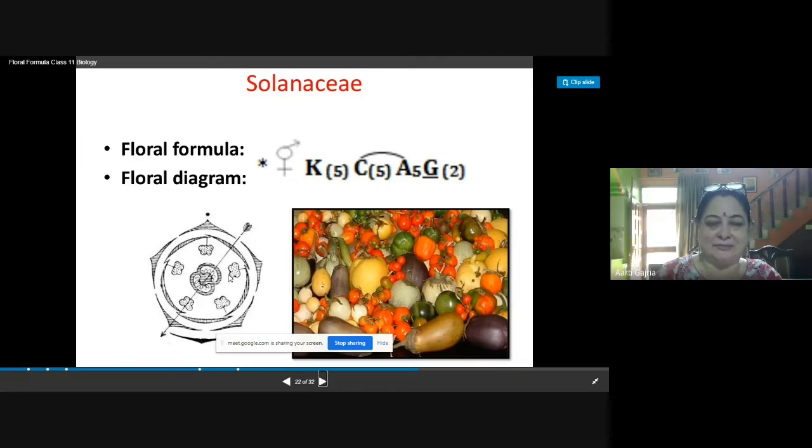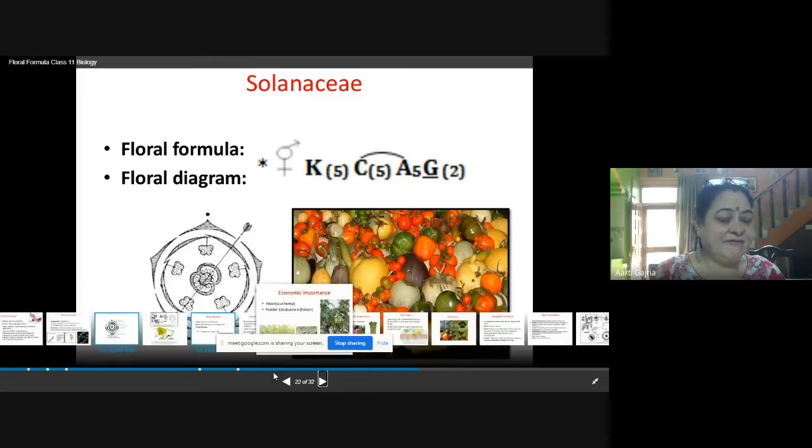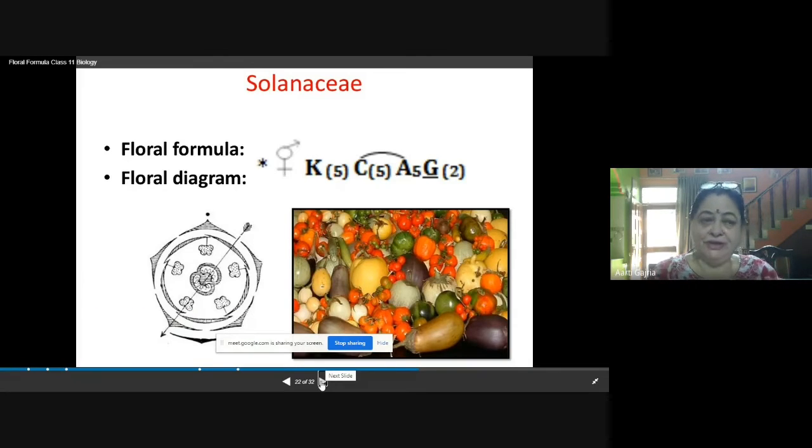In the diagram, first are the sepals in the first row, then the petals, and the stamens are drawn fused with the petals. So this is the Solanaceae family, the potato family, and this is its floral formula and diagram.